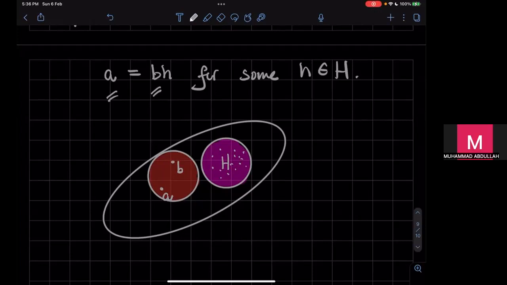Sir, how are we concluding that A will belong in the same set when B is multiplied with each element of H? No, we are assuming.